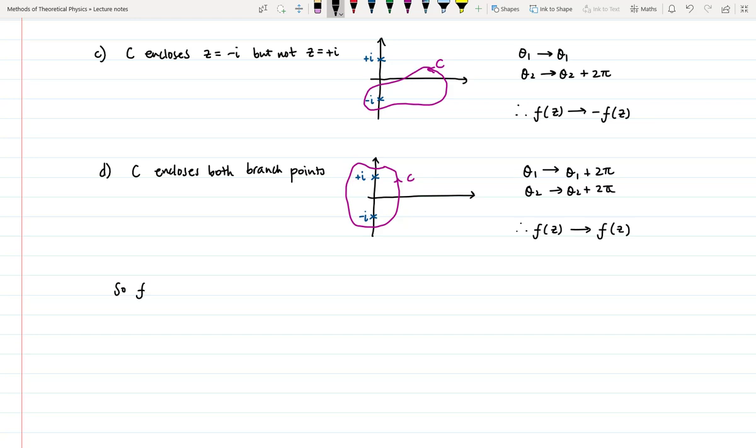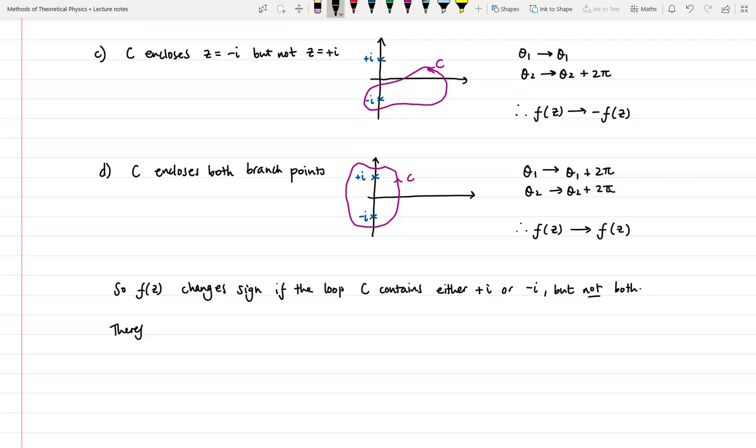Hence we see that f of z changes sign if the loop C contains either plus i or minus i, but not if it encloses both.